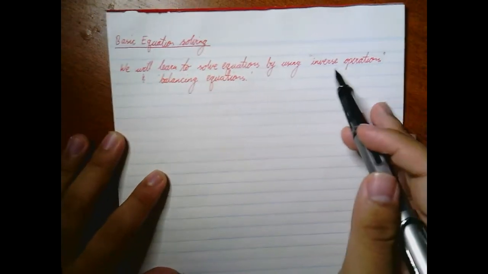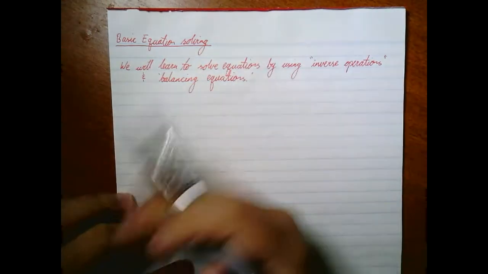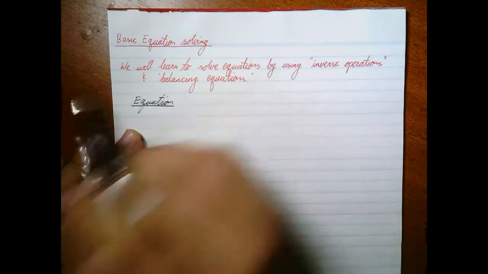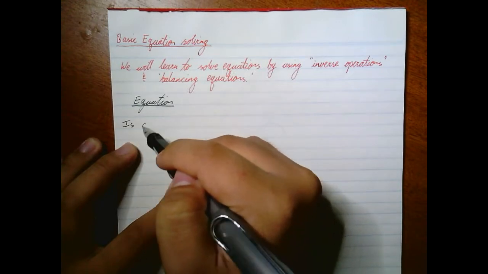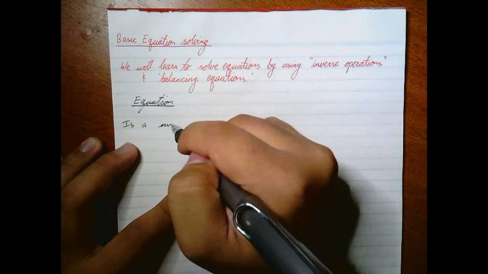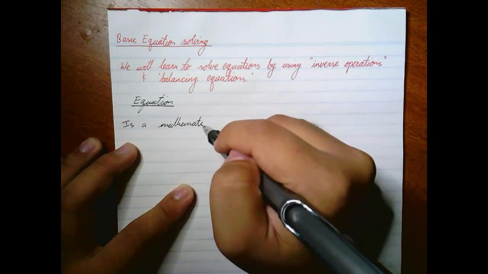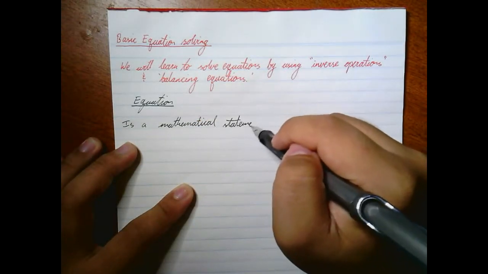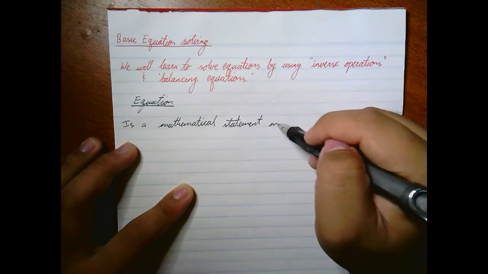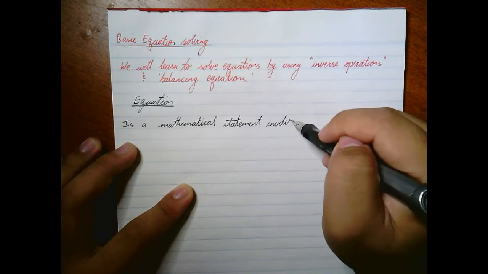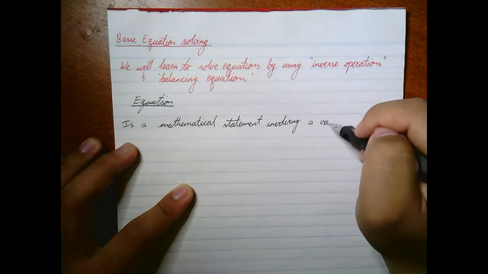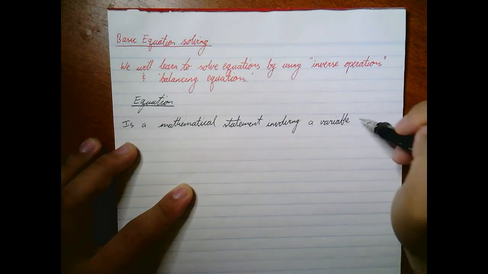So an equation is a mathematical statement involving a variable, or as we commonly call them, pronumerals.